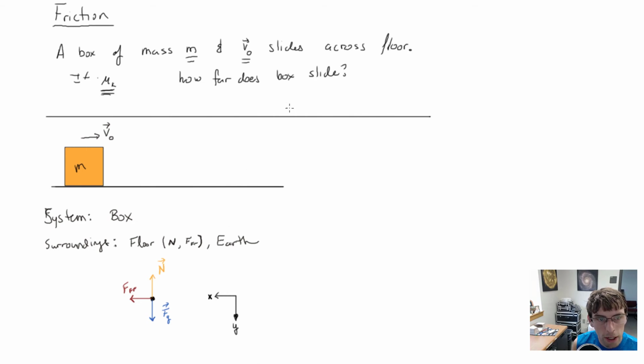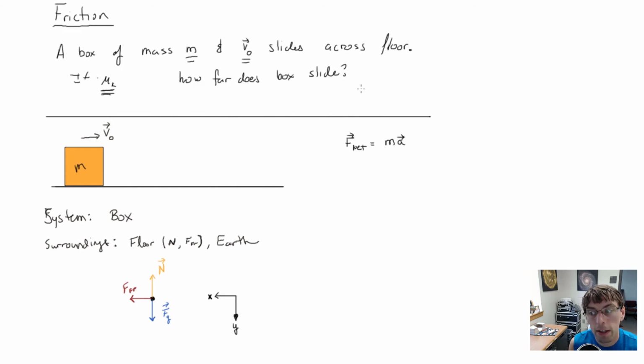Okay. So now we're going to apply Newton's second law. F net is equal to the mass of the system times the acceleration of the system. Of course, here we should ask ourselves, the acceleration, which helps us determine how far the box slides, is it the acceleration in the x direction or the y direction?